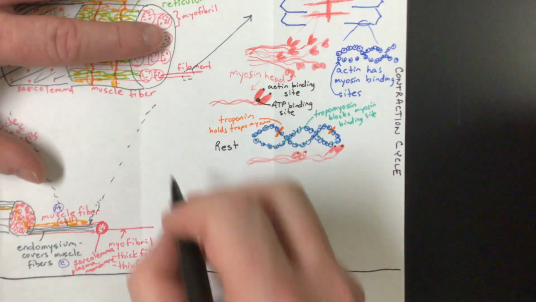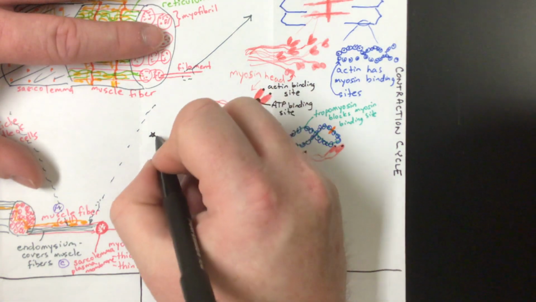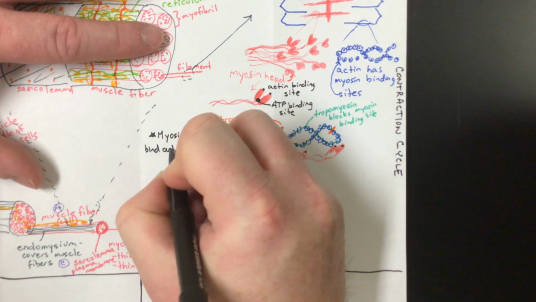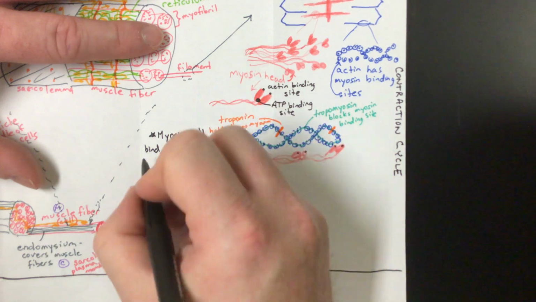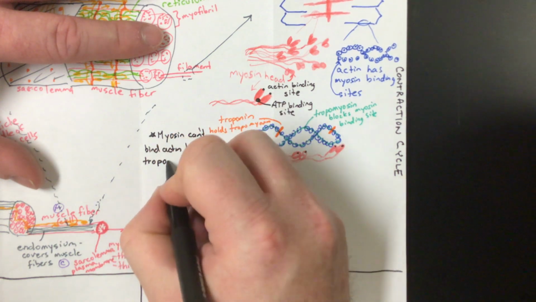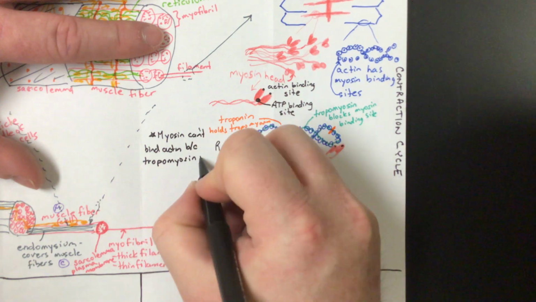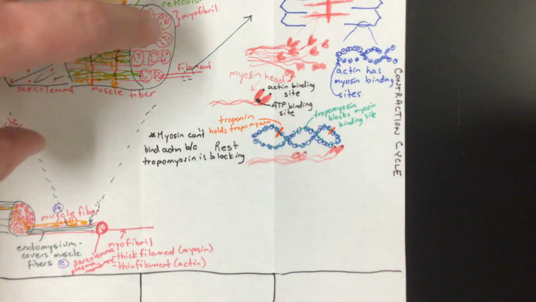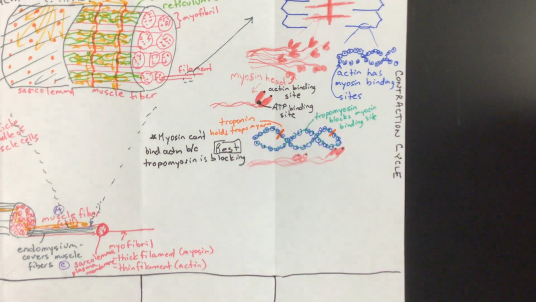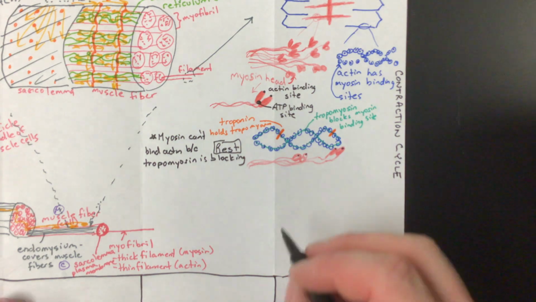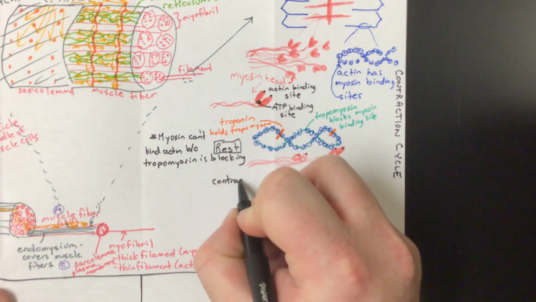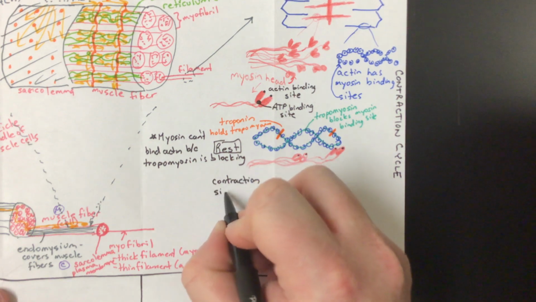And what's going on here is that myosin can't bind actin because tropomyosin is blocking. And that's at rest. But then something changes when there's a contraction signal, when there's excitation.